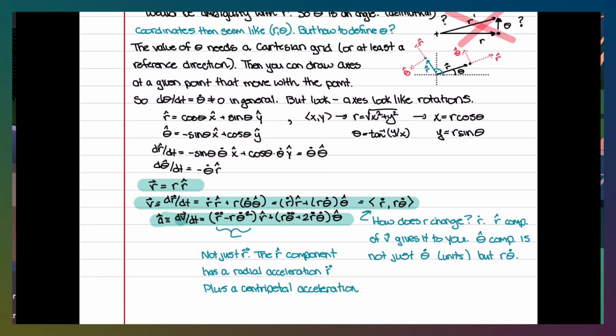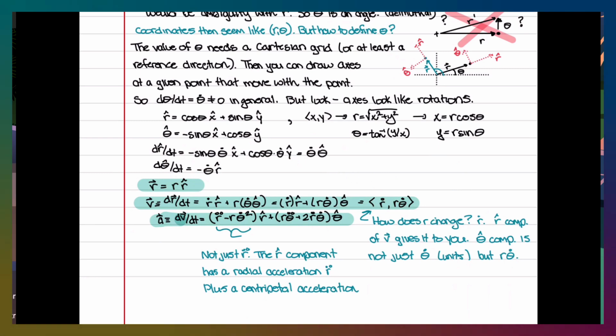So again, I could define the radial acceleration, a sub r, but a sub r in this case is this entire thing, which has something that's telling you how r is changing, or really how r dot is changing, and then it has this term here, the centripetal term, which doesn't seem to say anything about how r is changing.